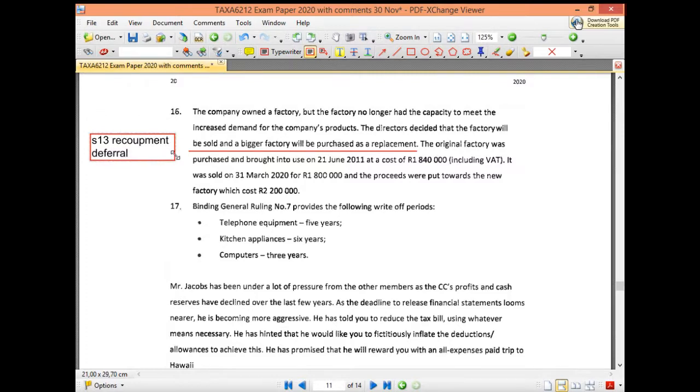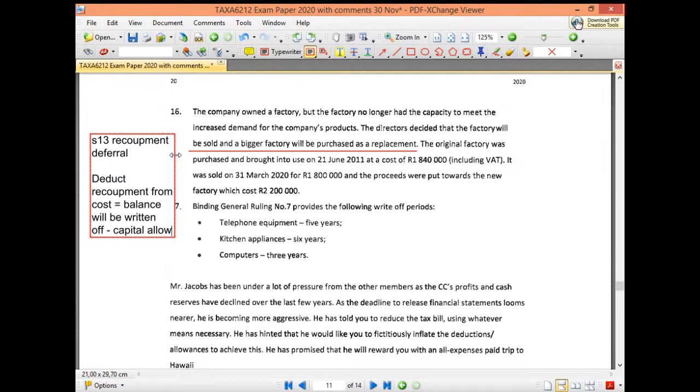So I'm going to deduct that recruitment from the cost, and then the balance will be written off for our capital allowances.